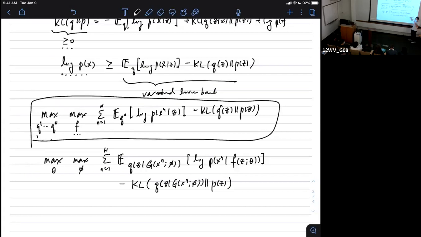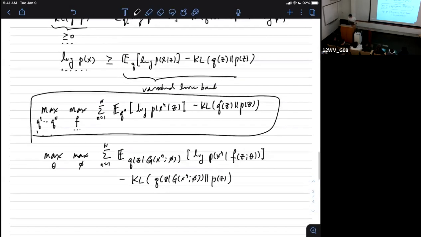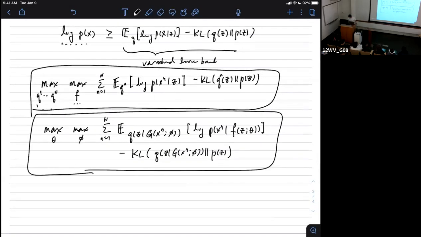But then, just like in machine translation, we have the input, that is Z instead of the source sentence. Then we're going to output one word at a time. And then F can very well be another transformer. Right? So what that means is that now this is what often is being called a variational autoencoder.